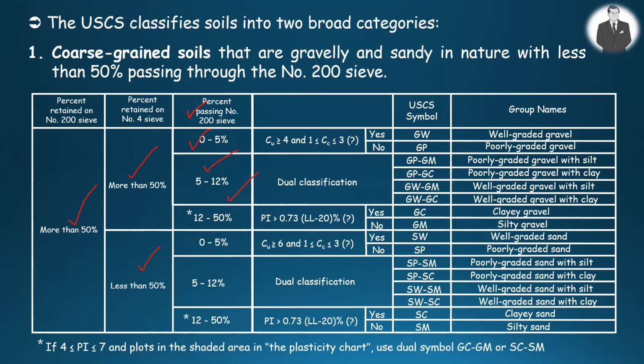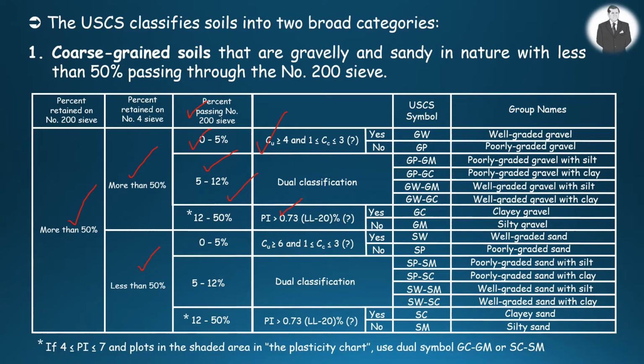There, you need to check Cu, Cc values and the PI values. Cc and Cu values are the grading characteristics obtained from the particle size distribution of soil. PI is the plasticity index. Don't worry about the unknowns at the moment. They will be clearly explained on the following pages.